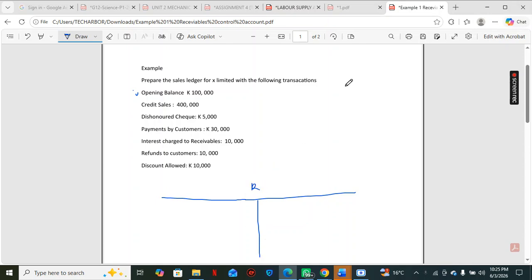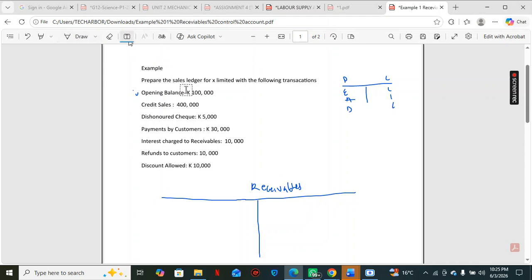Remember, we are following the double entry rules. Let me put the double entry rules here. Okay, so this is our receivables control account. We start. Our opening balance is 100,000.